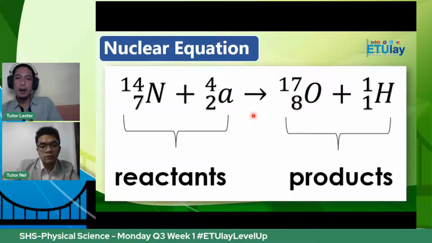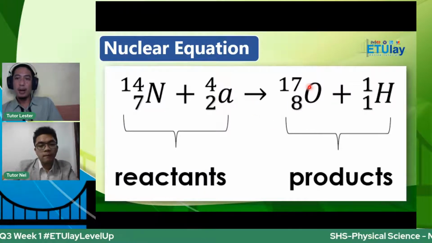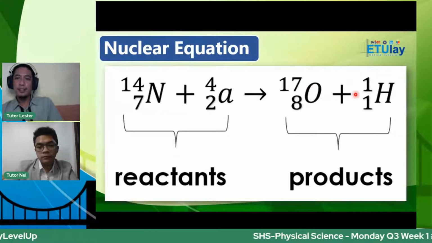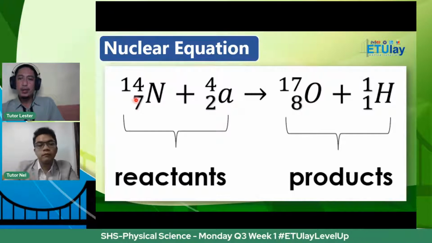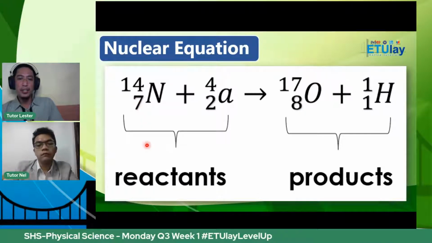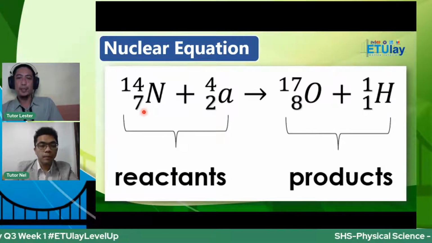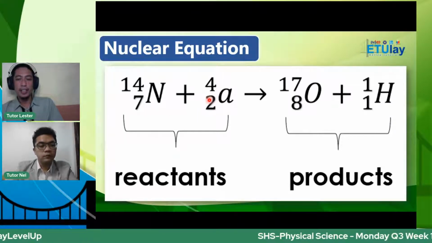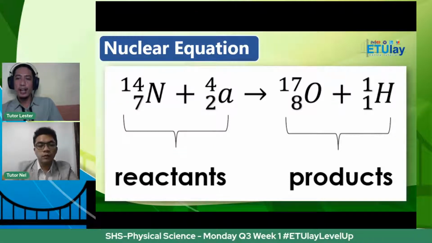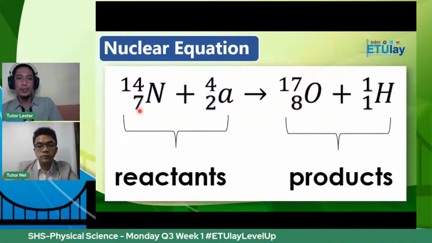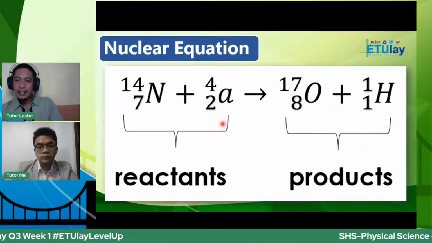So these two are smashed together, forming oxygen-17 and a proton. Right. So ano po ang atomic number ng nitrogen? Yes, that is 7. And for the alpha particle, 2. So ano po ang total ng mga atomic numbers? Right, 7 plus 2 will give us 9.